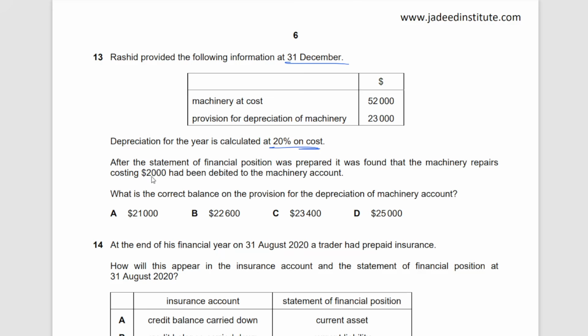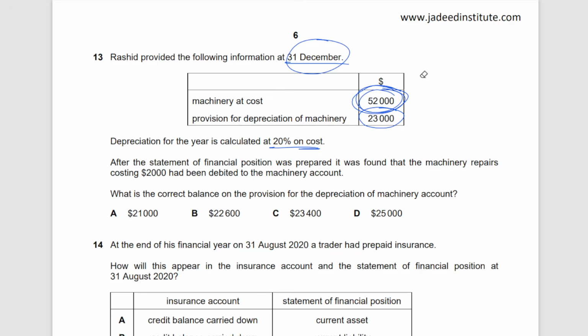Okay, let's see. Oh, this is pretty deep. This one's interesting. So this is what it looks like at 31st December. Step number 1, we need to go back. Listen to me carefully, please. Our assets are not 52,000. It's only 50,000. However, we have taken 20% of that since we are at the end of the year, and included it here.